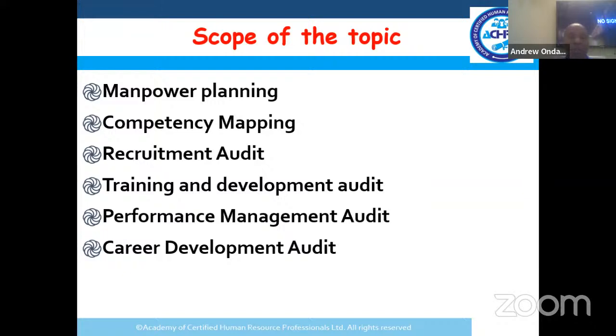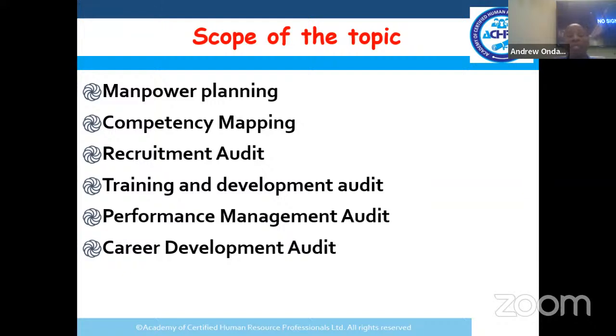Item number 4 is performance management audit, where we are going to look at the systems that are being used in performance management, particularly performance appraisal, because as organizations, we need to be clear on which of the methods can give us the best results when we are appraising people.